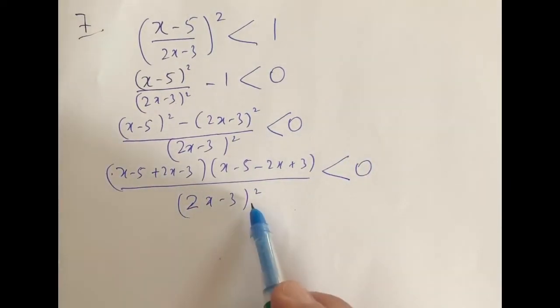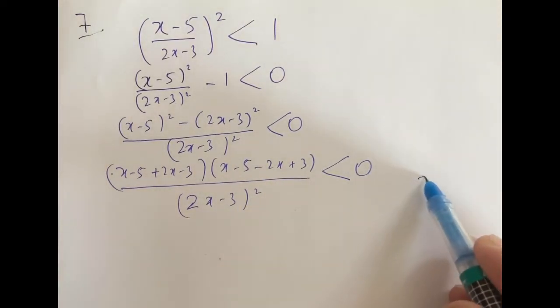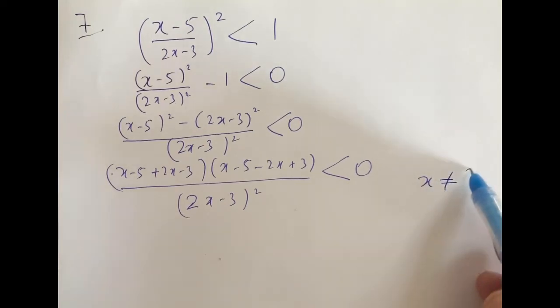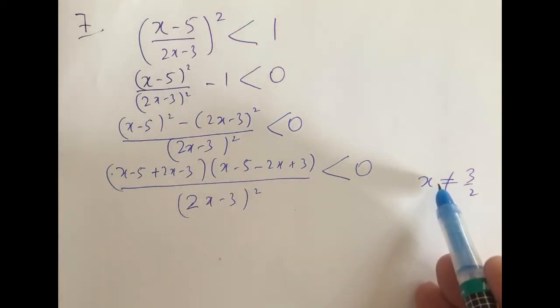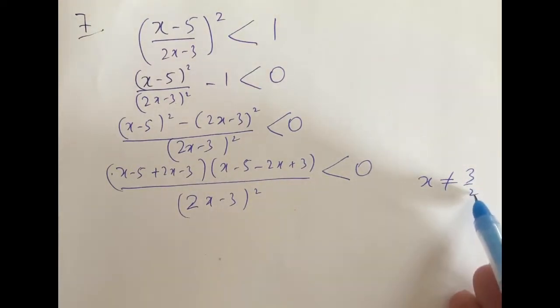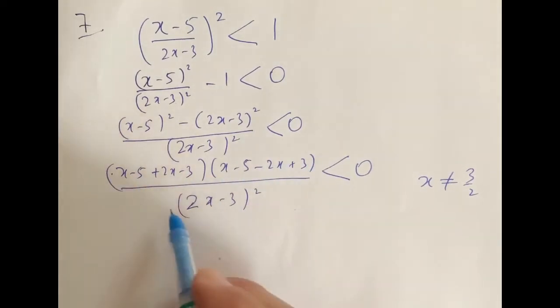Now (2x minus 3) whole square is always positive. So this is positive when x is not equal to 3 by 2. The denominator should not be equal to 0. So this is positive for x not equal to 3 by 2, therefore the numerator is also positive.